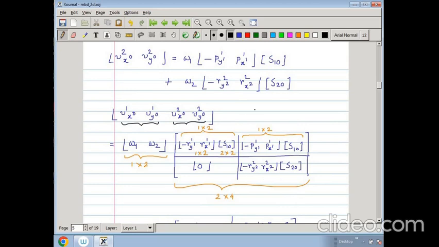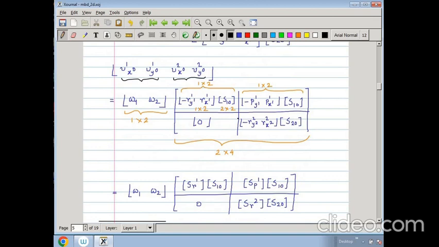So just do a little bit of matrix algebra and convince yourself. You can also check the dimensions of these matrices. So this is one row, 2 columns, and 2 rows, 2 columns. So it will be 1 row, 2 columns. The first one will remain and the last one.